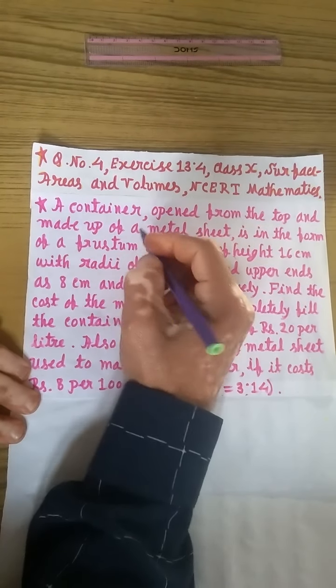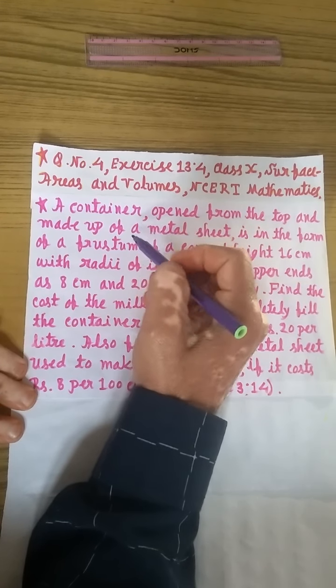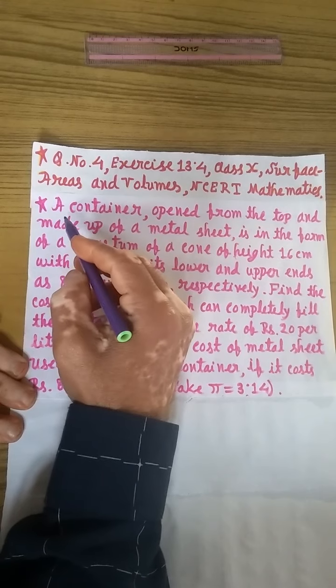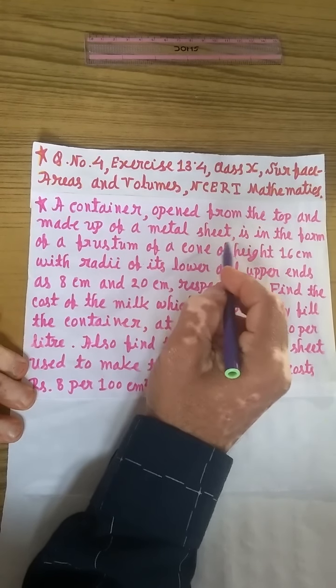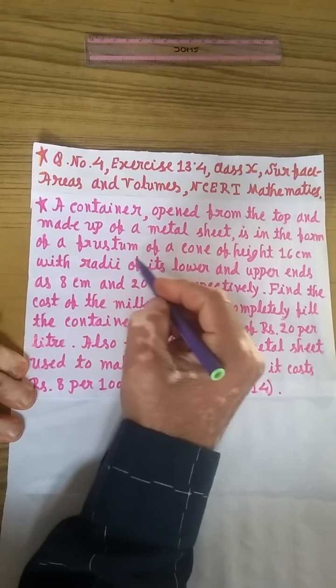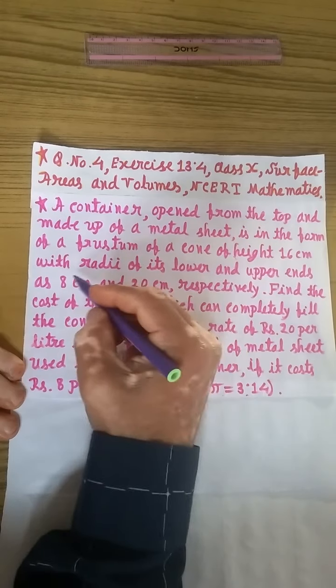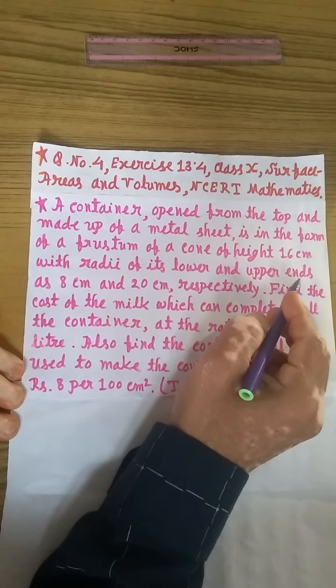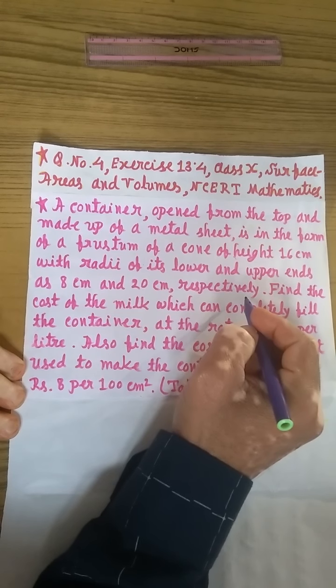Today, with the same pre-knowledge of exercise 13.4, let us do this sum. A container opened from the top and made up of a metal sheet is in the form of a frustum of a cone of height 16 centimeters with radii of its lower and upper ends as 8 centimeters and 20 centimeters respectively.